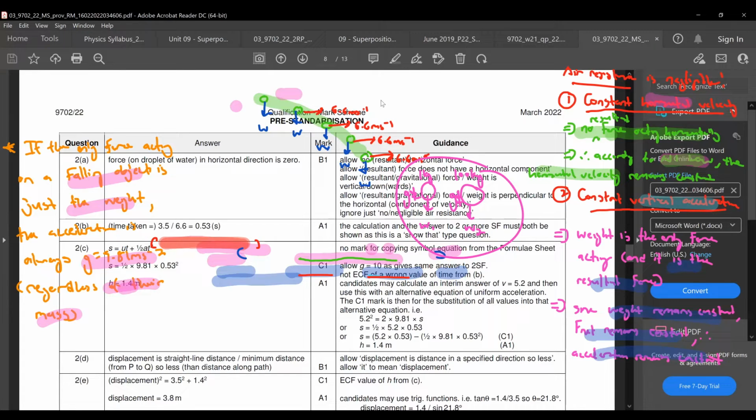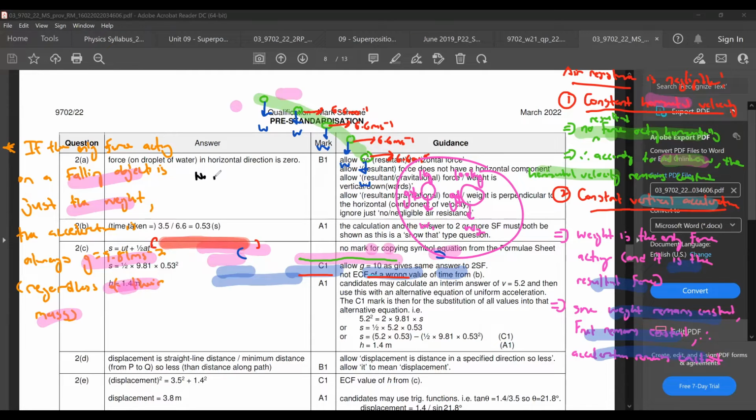Maybe I better write it out. No resultant horizontal force. Therefore, droplet continues at constant velocity horizontally according to Newton's first law.